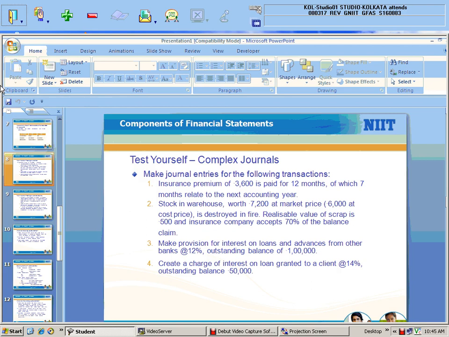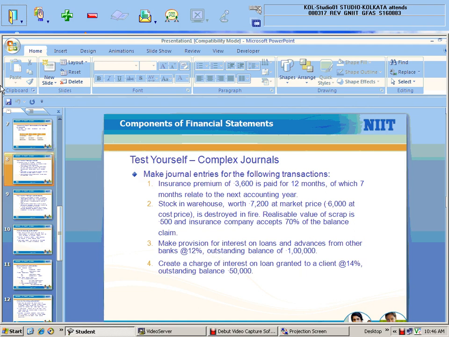But remember, 3,600 has been paid, out of which 7 months' premium relates to the next accounting year. Only 5 months relate to the current accounting year. So out of the 3,600 paid, 5 months' premium will be the insurance expense for the current accounting year. 7 months' premium is an expense we are paying in advance, because it relates to the next accounting year.